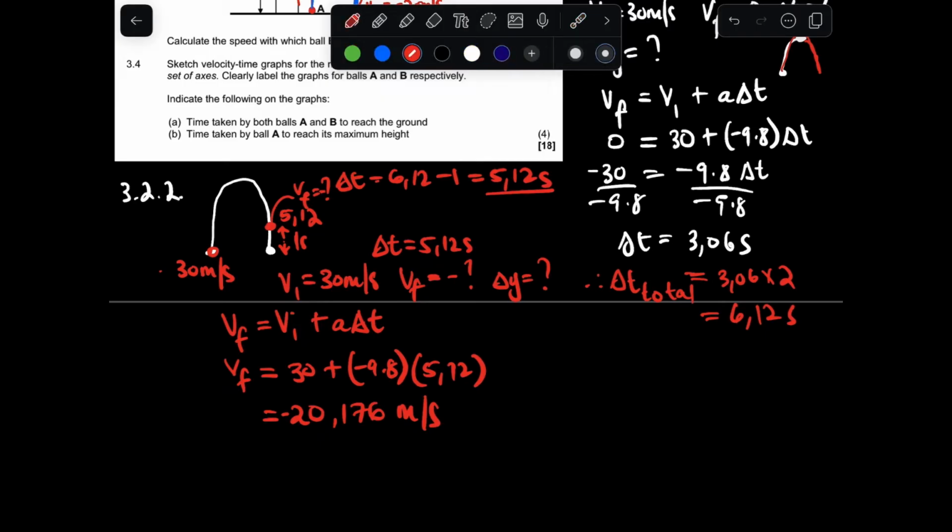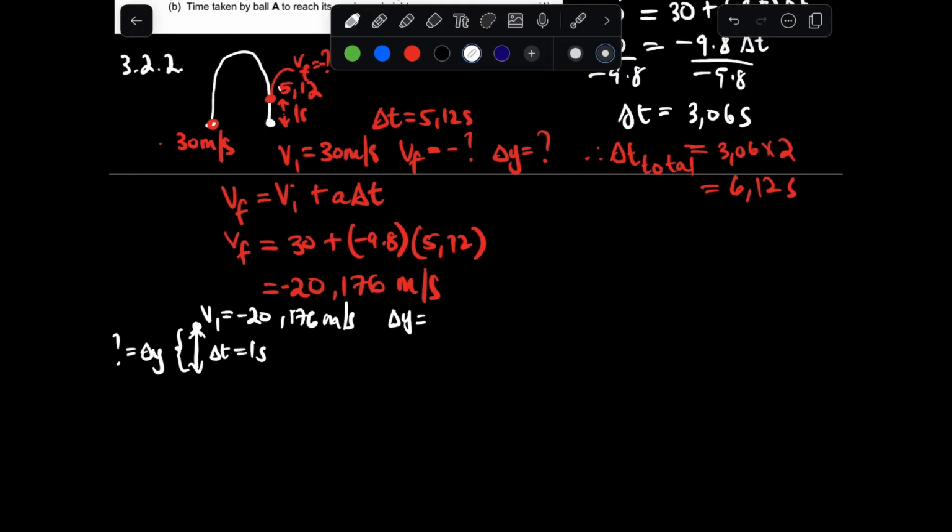From this segment of the journey, this is what I'm drawing here, this part, the time, we know the time, it's 1 second, and the initial velocity at this point now is negative 20.176 meters per second, and we're looking for this displacement that it covered from here to here in the last second.